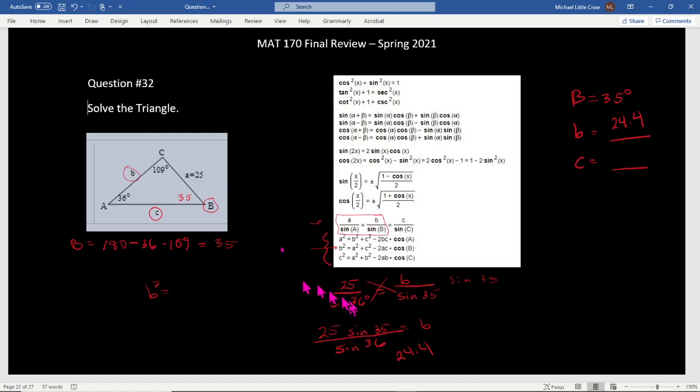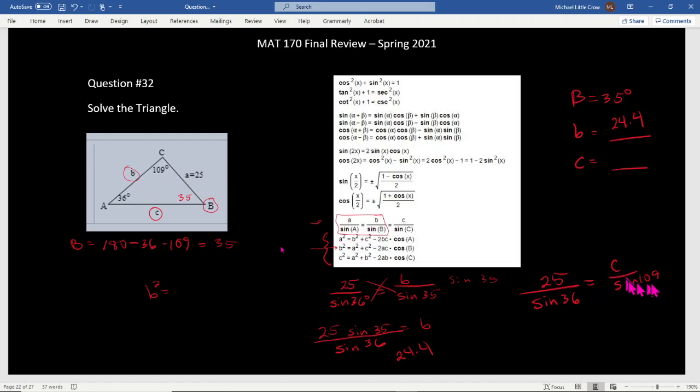And let's just use a, because a is something that they gave us. So we're going to do this again, 25 over the sine of 36. It's always just safest. In case I made an error here, then I would only lose maybe 2 of the points. Little c, and then they gave us sine of C, sine of 109.